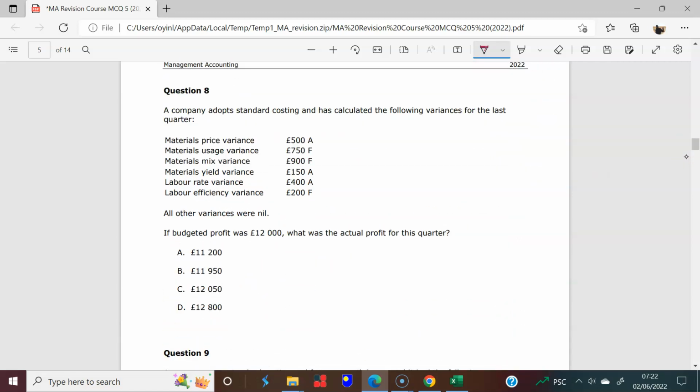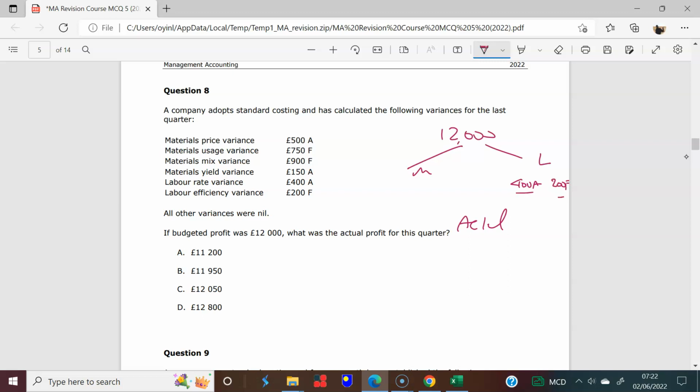Let's look at what's happening here. It says that if the budgeted profit is £12,000, what we're seeing here is that to go from the budget to the actual, there are two issues here. There's material and there's labor. So in terms of labor, it tells you that you have a rate variance of 400 adverse and an efficiency variance of 200 favorable.